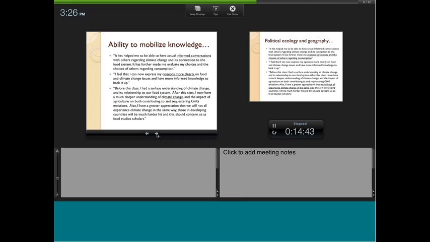But you could see that this ability to mobilize knowledge was very important to them, and that came up in all of the evaluations. But here I've just underlined a couple where they talked about wanting to be able to, and now being able to, have informed conversations with others about climate change. They want to be able to confidently express their opinions.